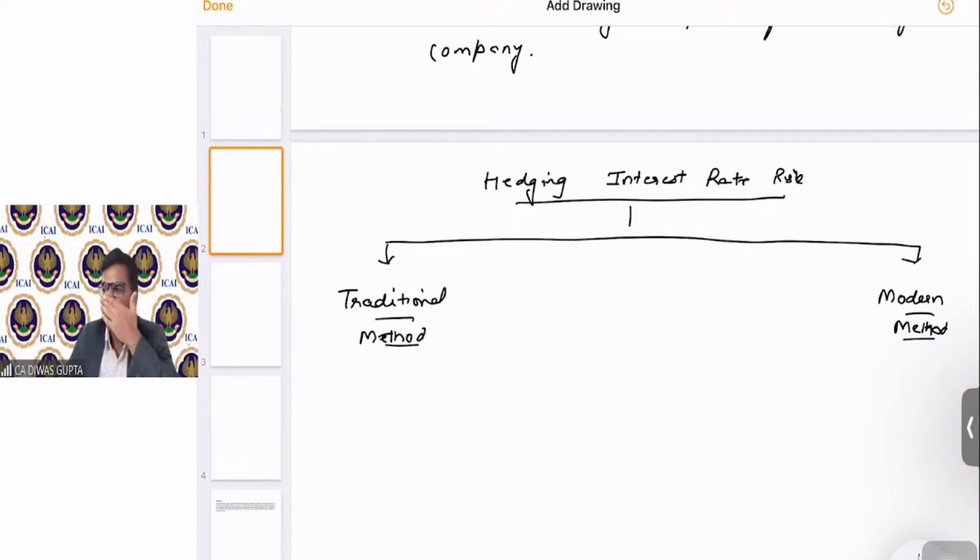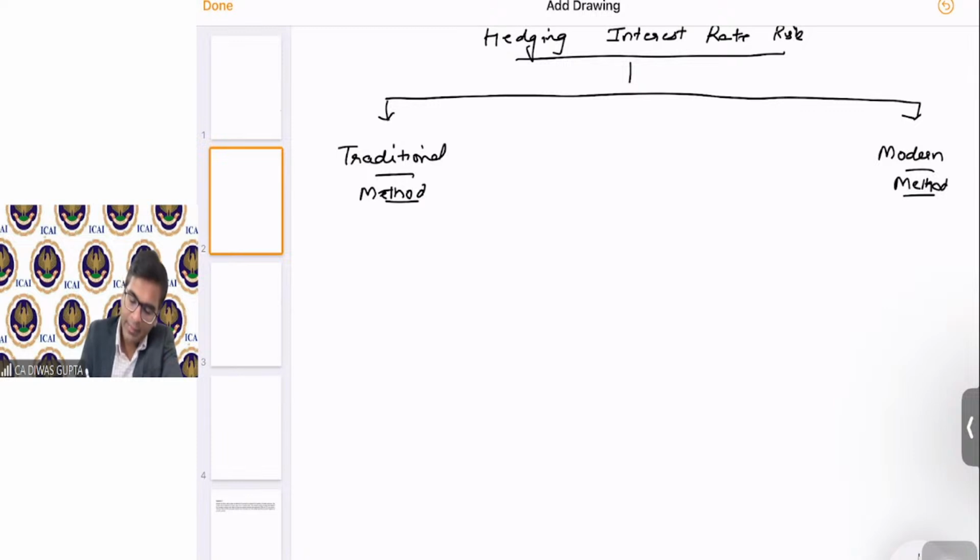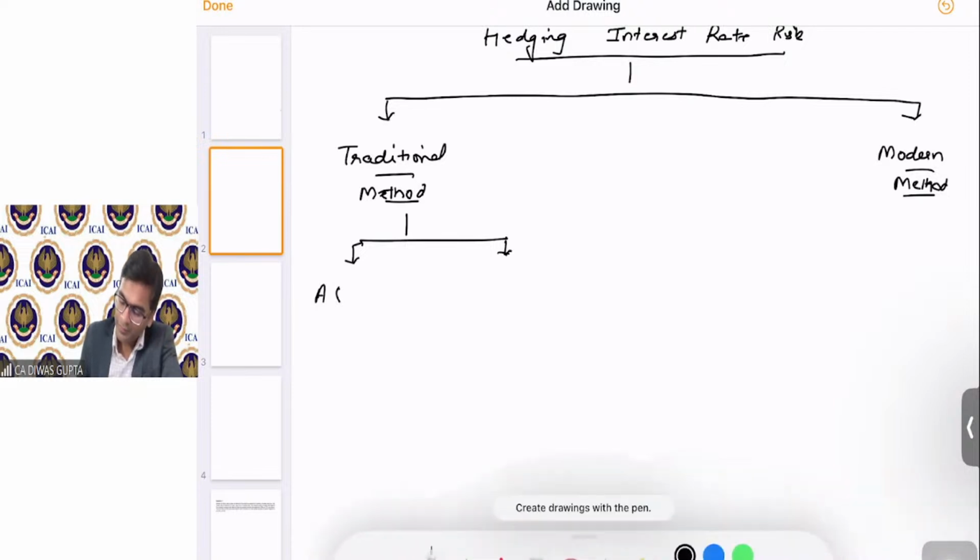In case of a traditional method, students, there are assets and liabilities in place, and hence there is a method called asset and liability method, ALM. Let me write it in full.